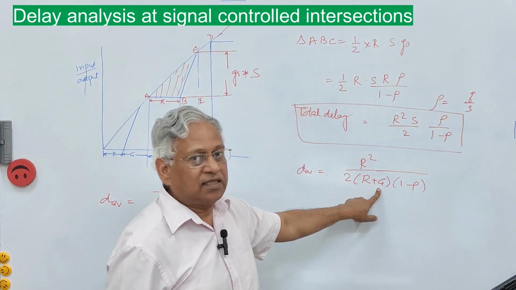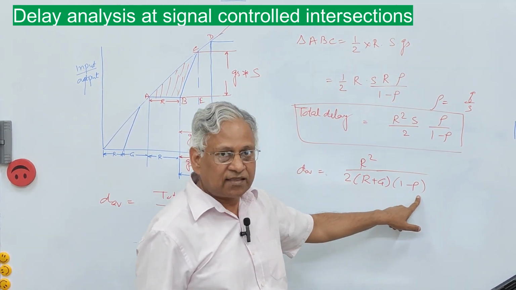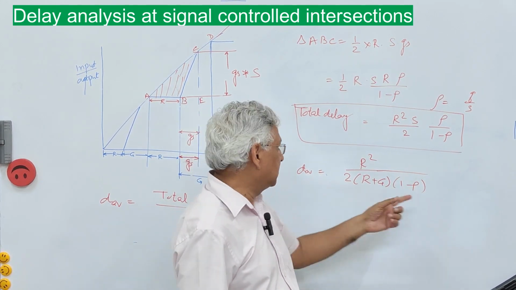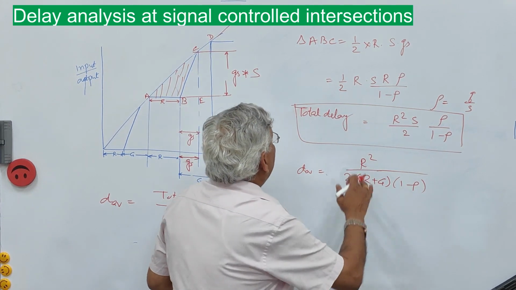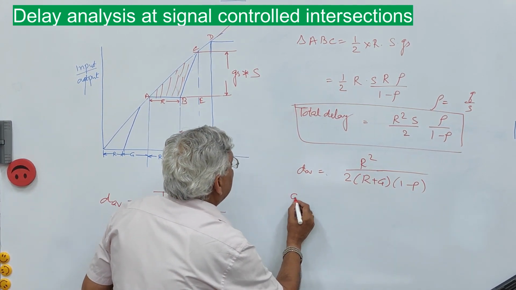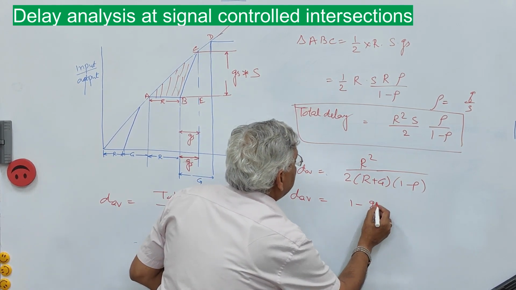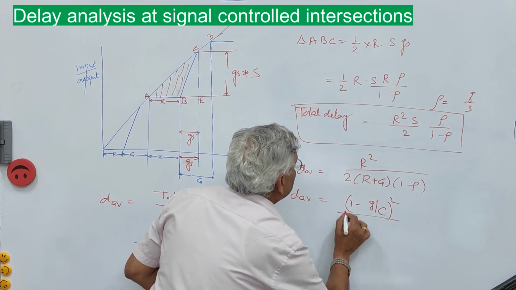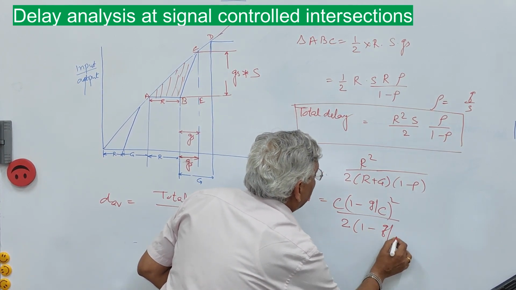R plus G is the cycle length, rho is Q by S. If you substitute rho equal to Q by S and simplify it further, you will see that D average is C into (1 minus G by C) square upon 2 into (1 minus Q by S).